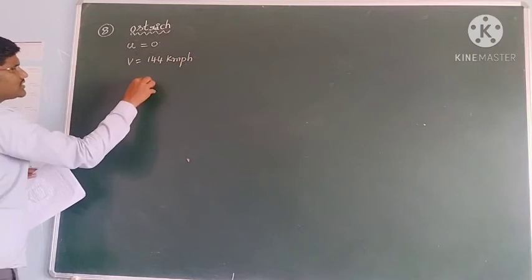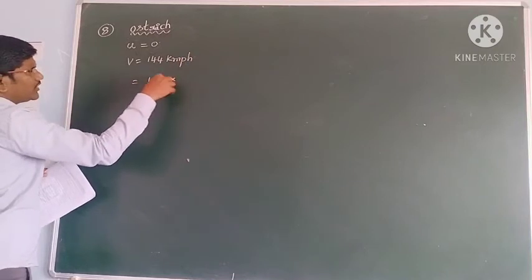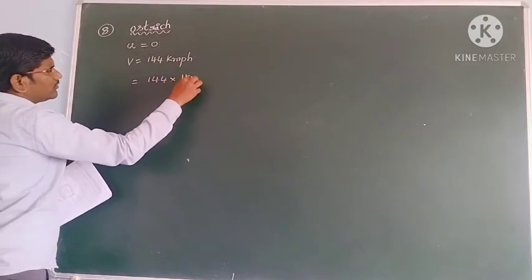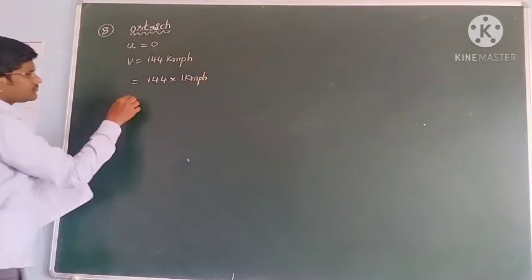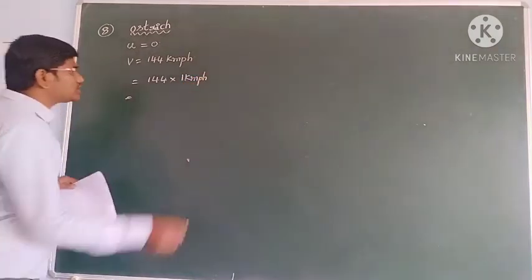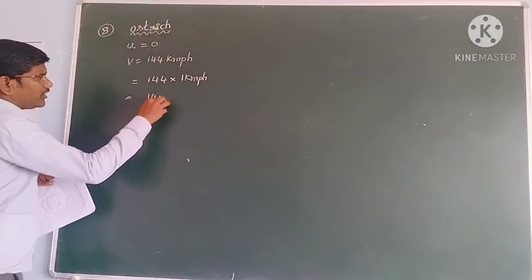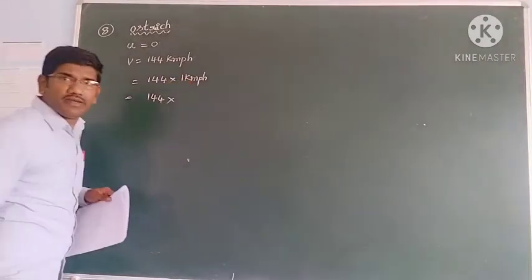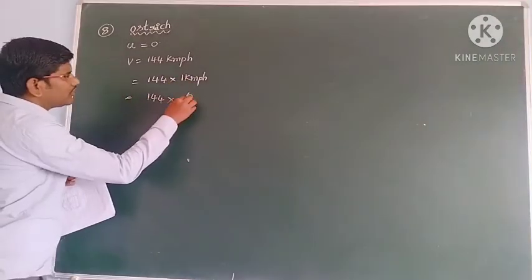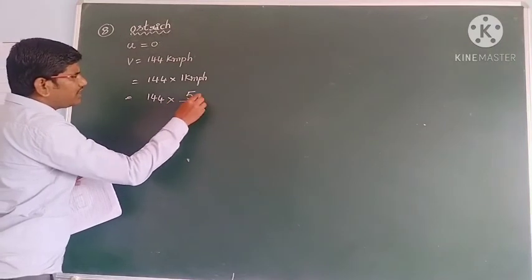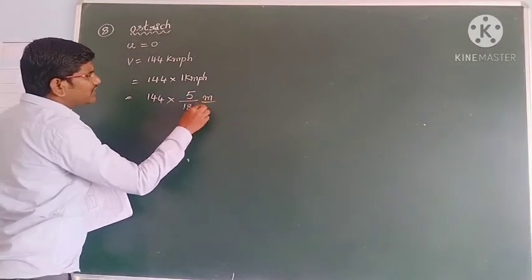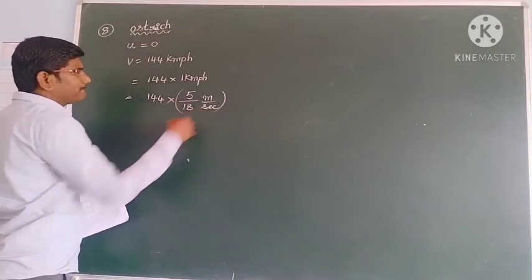So that is 144 into 1 km/h. Then 144 into 1 kilometer per hour is equal to 5 by 18 meters per second.